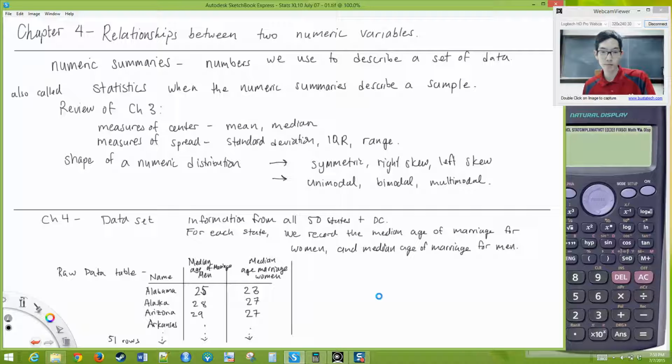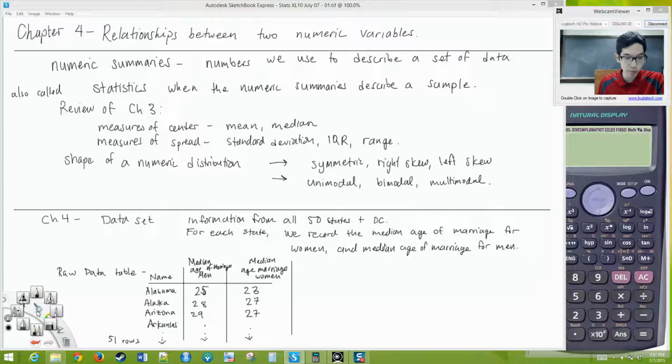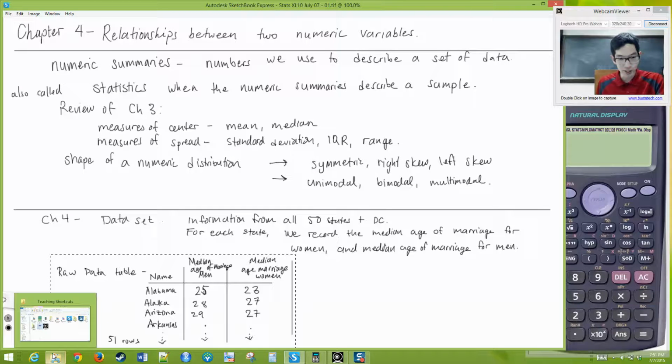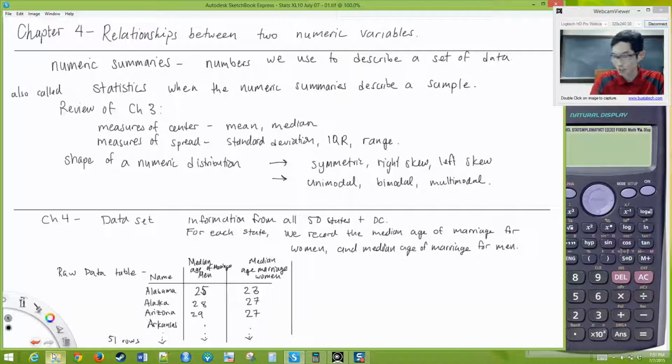Okay, and then we're going to plot this data. Okay, so we're going to make a graph. And the graph we're going to make is called a scatter plot. So I'm going to copy this table over, but you don't have to because you have the advantage of continuous paper.